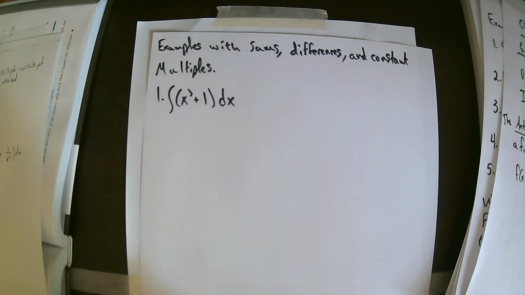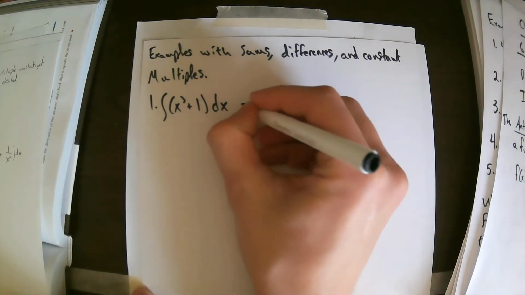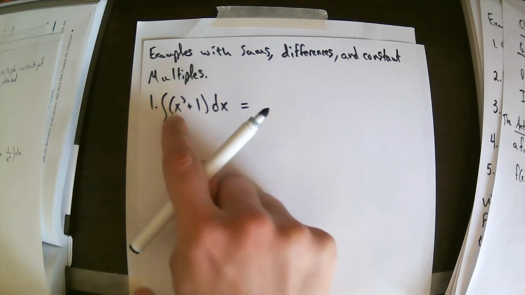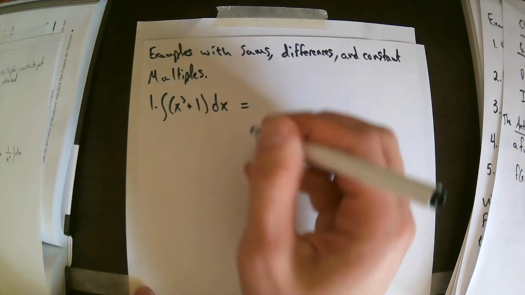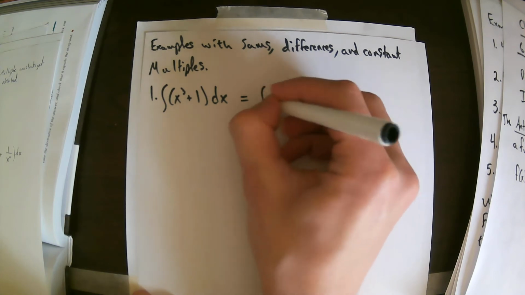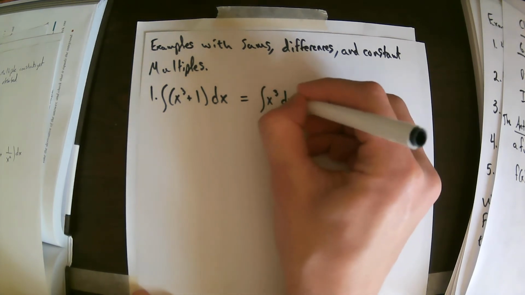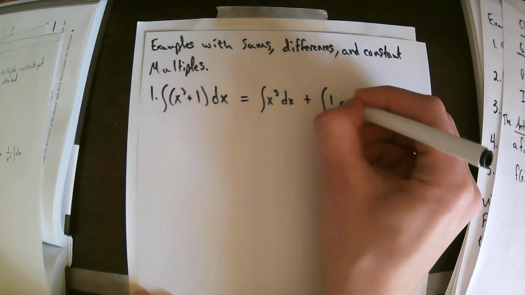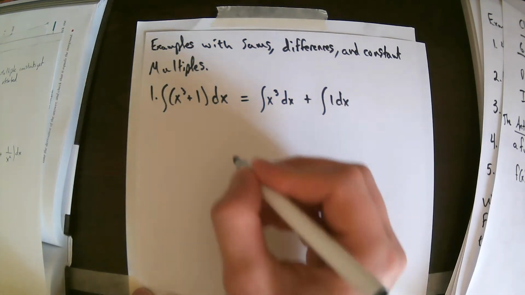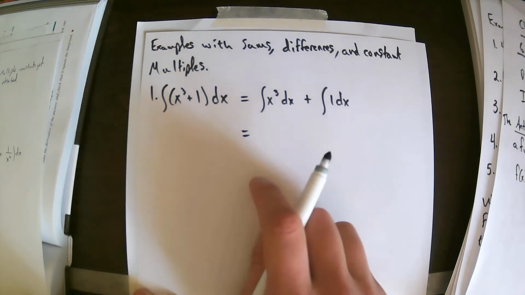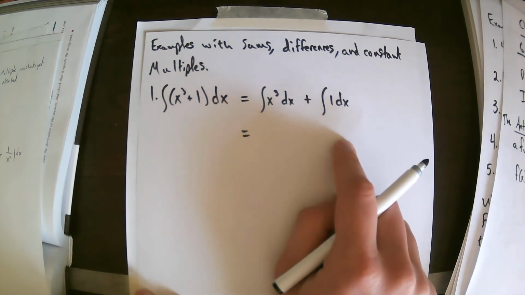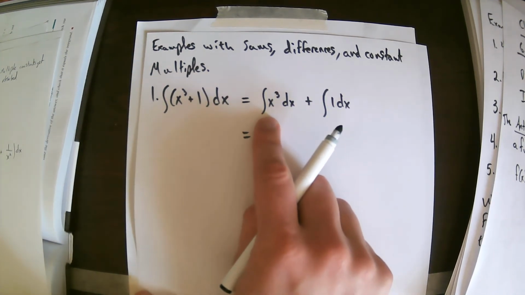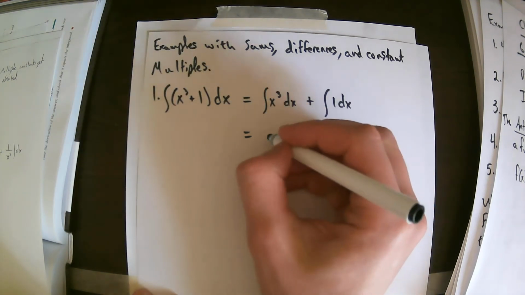Okay, so we see here that we have a sum of two functions, x cubed and just the constant 1, so we can write this as two separate integrals, the integral of x cubed dx plus the integral of 1 dx.